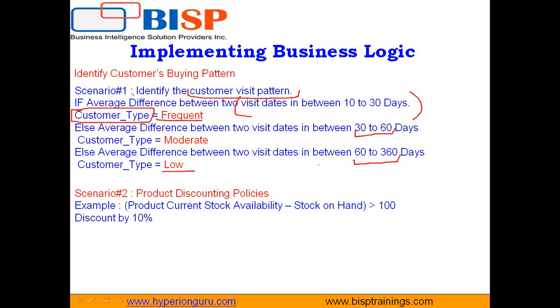The product discounting policy is determined based on certain parameters, calculations or expressions. In the expression written over here, if the product's current stock availability minus stock in hand is greater than 100, then we need to provide a 10% discount on the product. In simple English, if my product has been lying in stock for more than 100 days and is not being sold, it is time to give a discount and get rid of the product. Sell the product with a discount and get the money back.